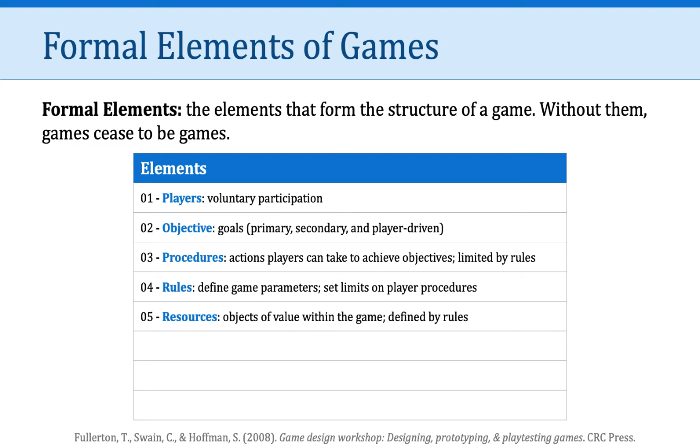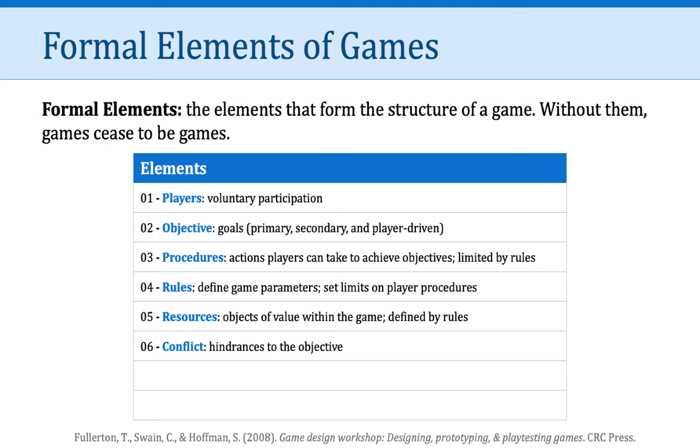Examples of resources can include lives or health. It might be time or extra time, currency, or even ammunition. Those are all examples of resources or objects of value within the game. Another formal element is conflict, and conflict stems from this idea that the path to the primary objective, let's say checkmating your opponent in chess, there has to be hindrances to that objective.